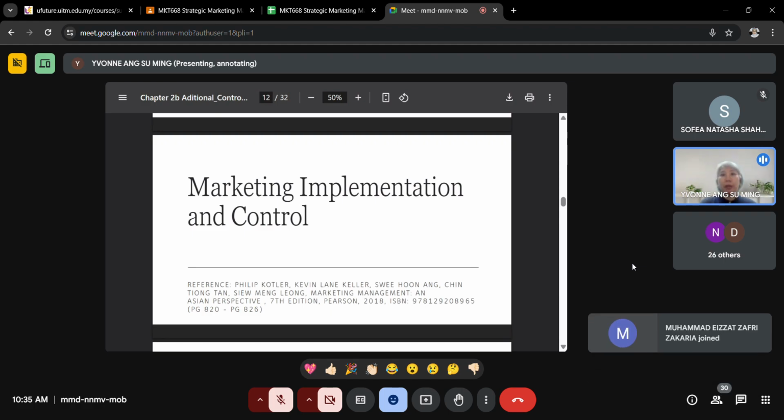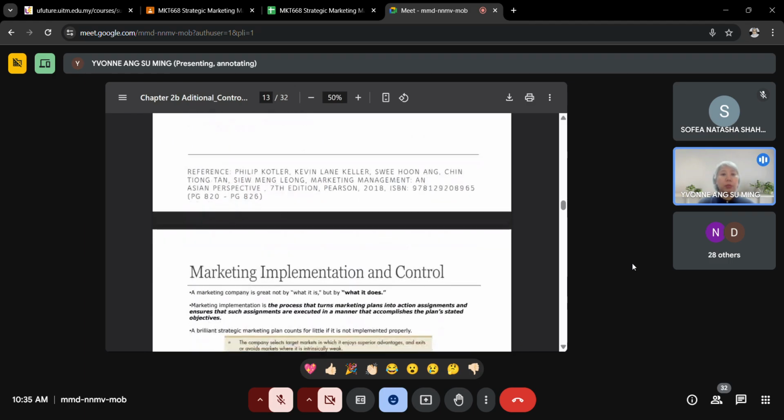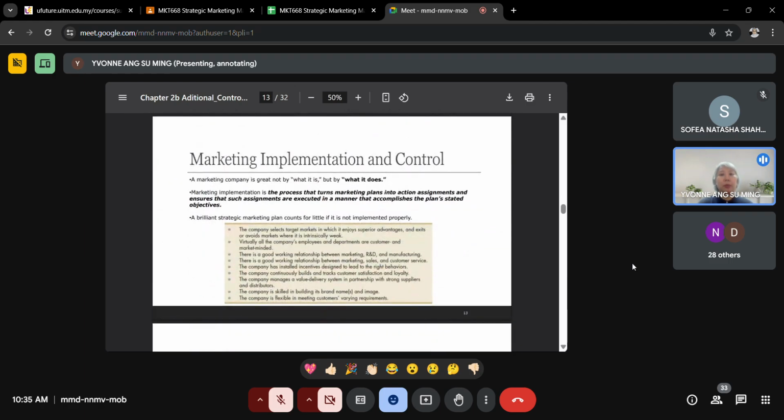So the reason why I'm bringing this up is because dalam marketing plan yang you kena tulis tu, assignment yang terakhir tu, you memang kena buat, one part of it is actually implementation dan juga control. Okay, so mungkin you tercari-cari apakah konten yang sesuai untuk implementation dan juga control. So that's why I'm giving you these slides, and you boleh nampak terus what is expected of you.